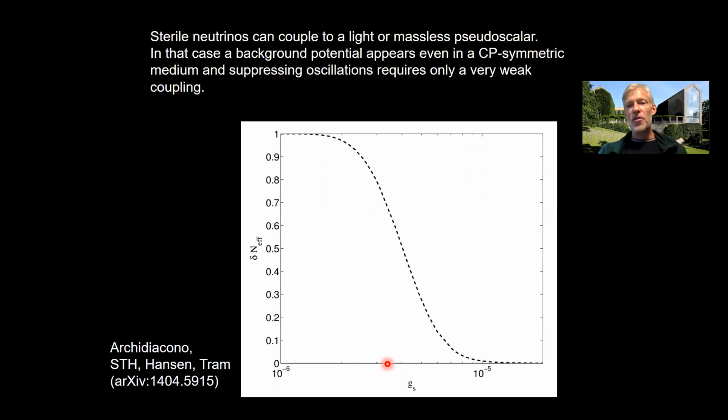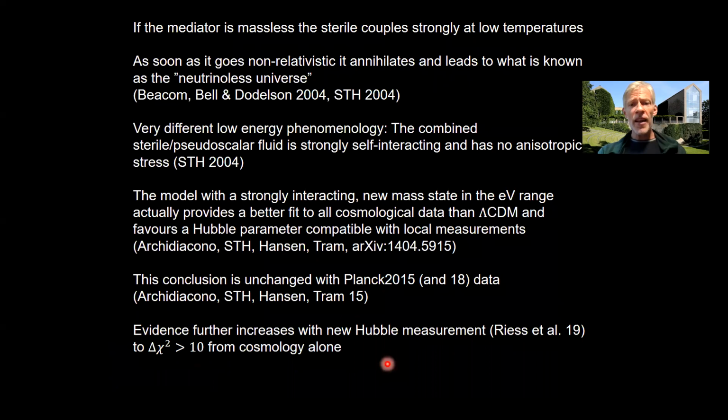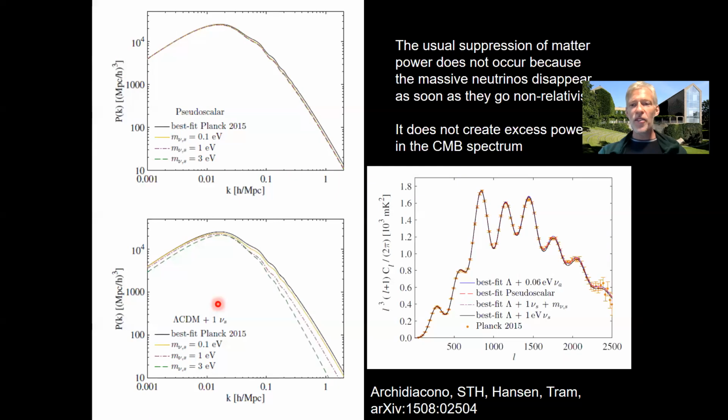So in fact, it undergoes acoustic oscillations rather than just free streaming. This has been studied a number of times in the literature, and it goes too far to go into all the details. The only thing I wanted to point out here is that you can actually get something that fits the data extremely well.